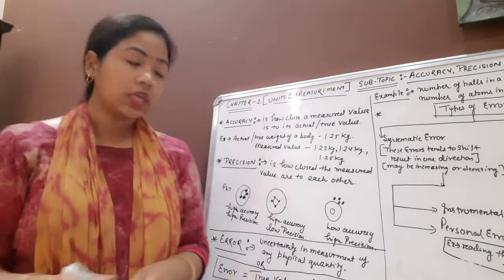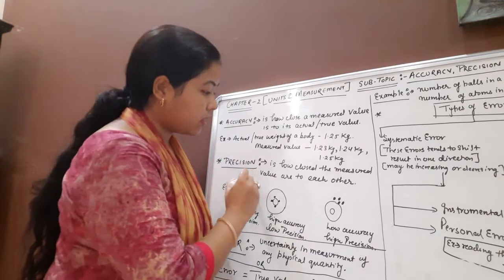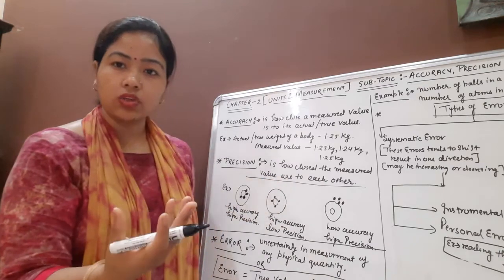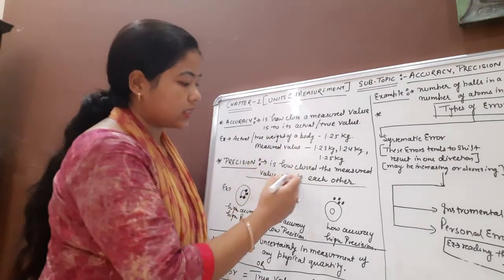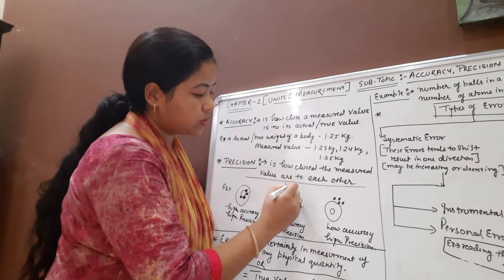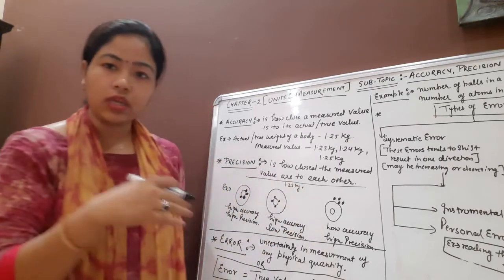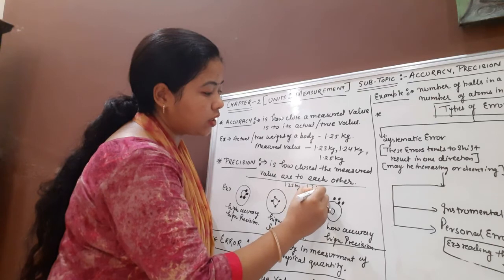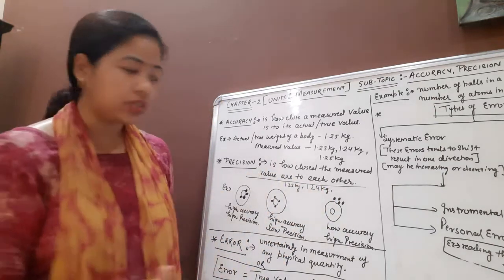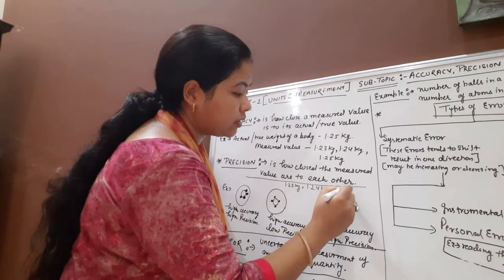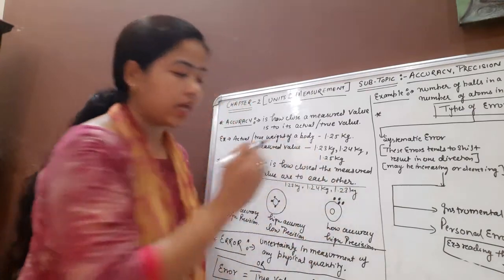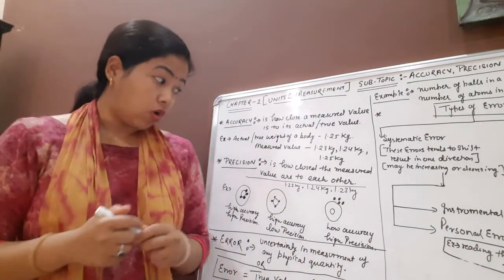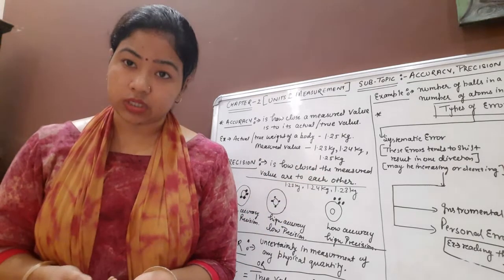That means if we do the experiment several times, and the first time we measure the mass of the body as 1.23 kg, the second time 1.24 kg, and again 1.23 kg, we get nearly the same value. Three times we did the measurement, and all the values are very close to each other.